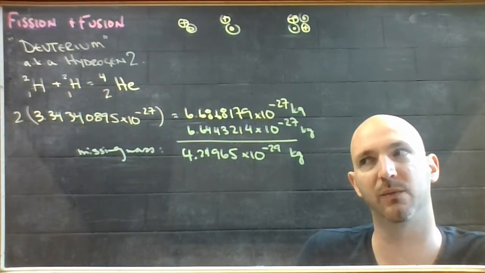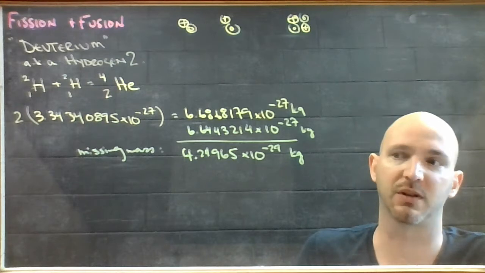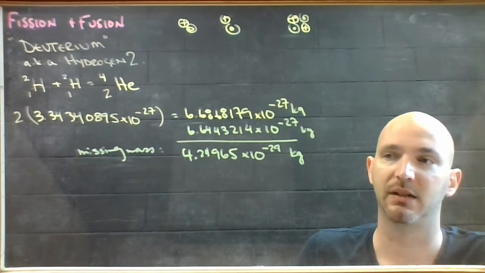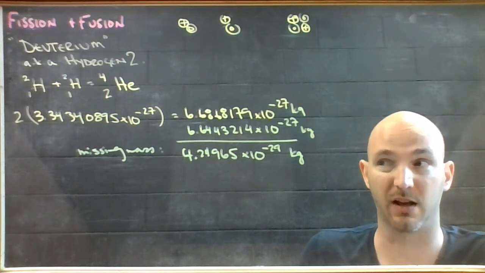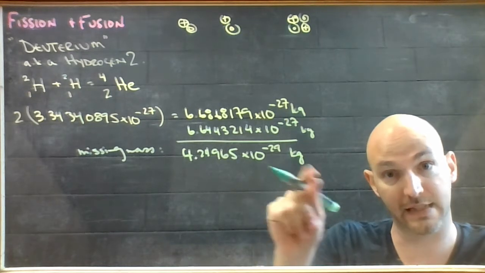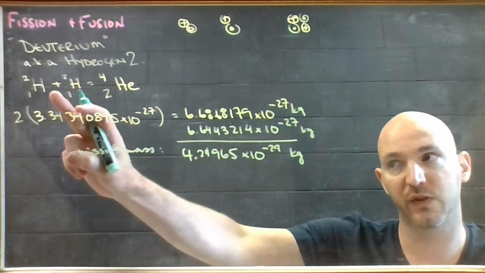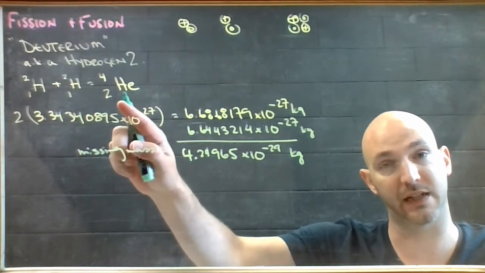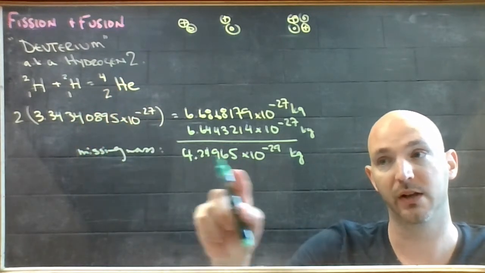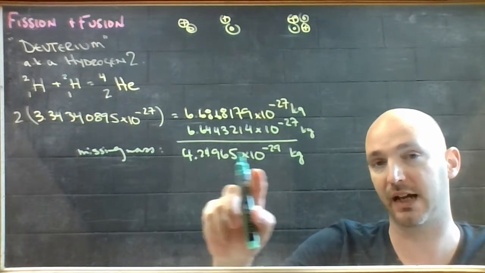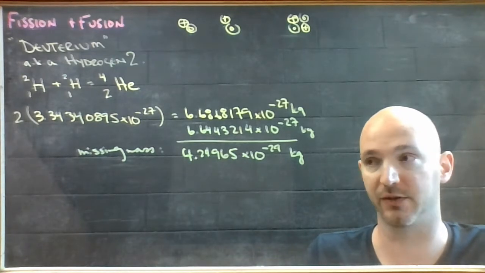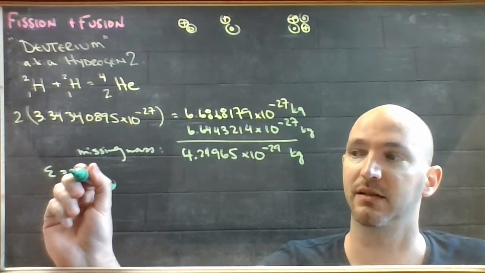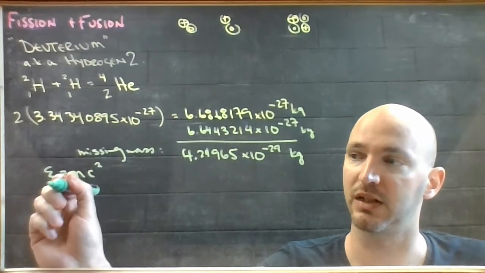Last time with the fission, we were short a 10 to the negative 27. So here we're short 100 times less, but it is less. So if you took this deuterium and that deuterium, you crushed them together to make a stable helium-4, this much mass has to be converted directly to energy via this exceptional machine.